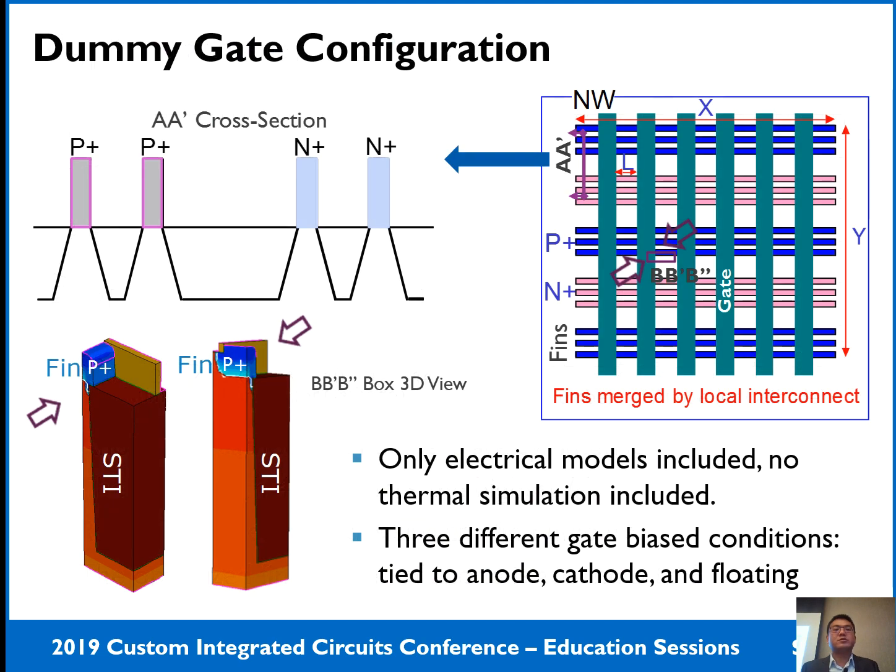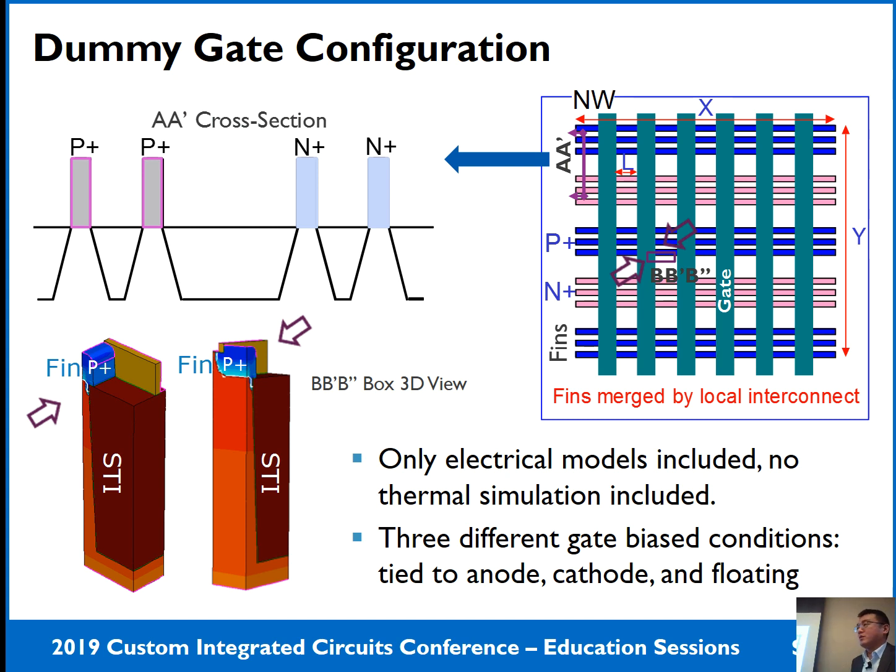The next question is the dummy gate bias condition. In order to keep the local gate metal density, the dummy gates need to be inserted in this rotated diode orientation. They are not functional, okay.